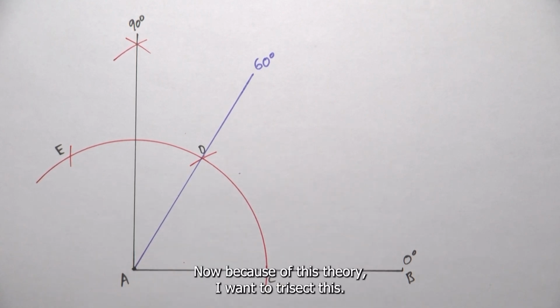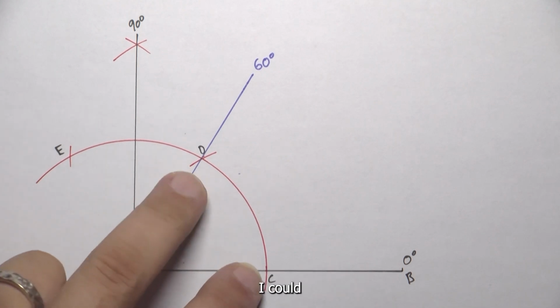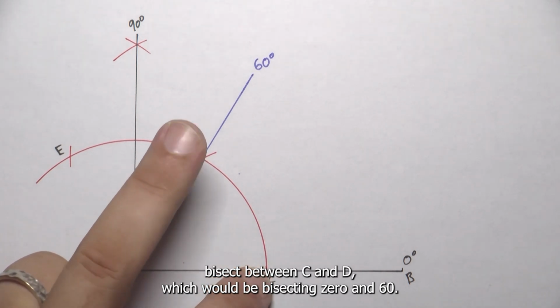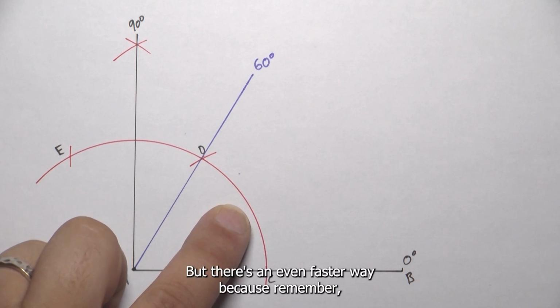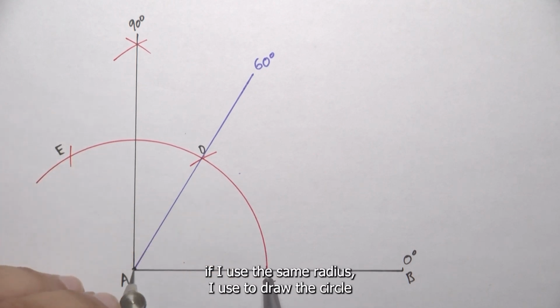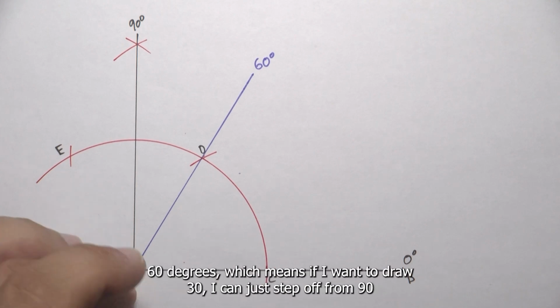Now, because of this theory, I want to trisect this. There's 2 things I could do. I could bisect between C and D, which would be bisecting 0 and 60, right? Which would give me 30. It would work, but there's an even faster way. Because, remember, if I use the same radius I used to draw the circle and step off of that circle from any point, I'm stepping off 60 degrees.